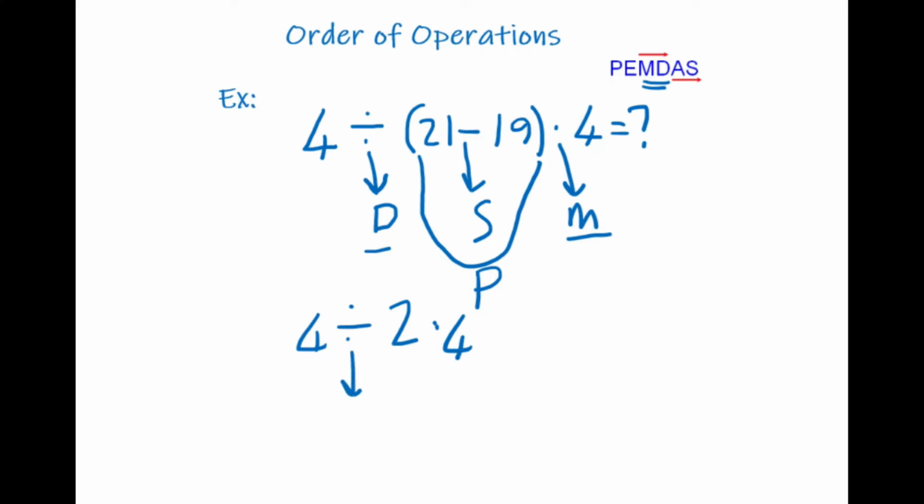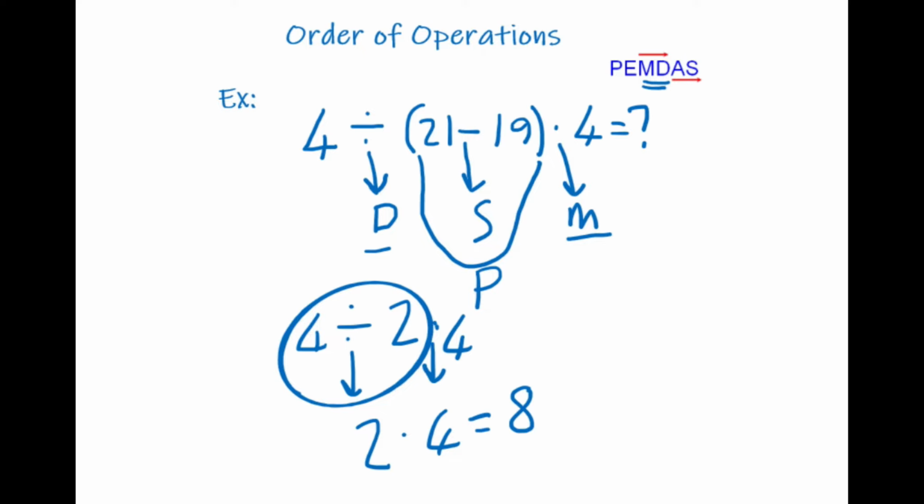Here we have division and here we have multiplication. Because division is on the left, we need to divide 4 by 2 first. If you do this, you're gonna have 2, so 2 times 4 is 8. So the result is 8.